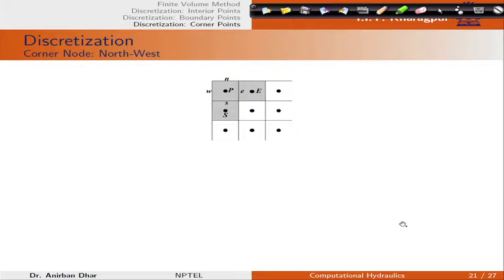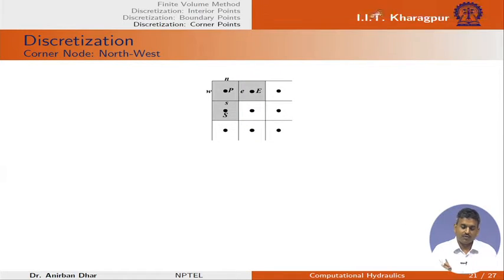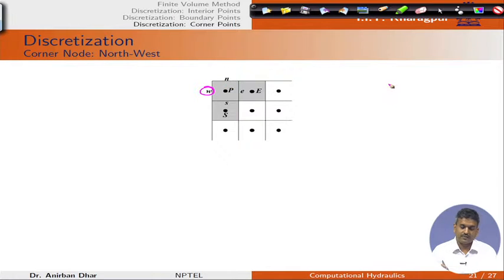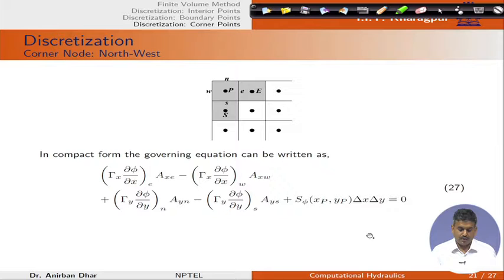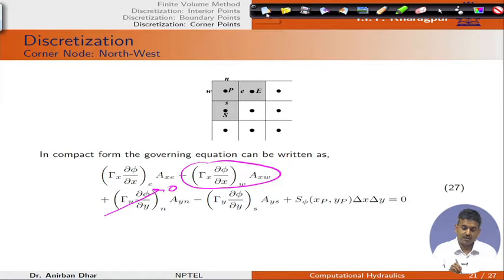Northwest corner, north boundary is 0 Neumann, west boundary this is specified. In this case we have north derivative, this is 0, this phi w needs to be changed, this one needs special treatment.